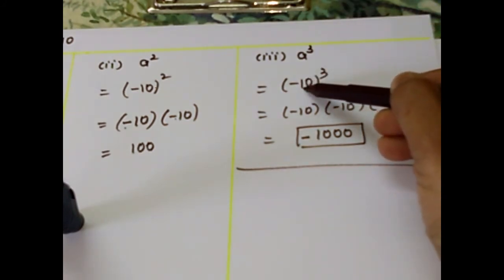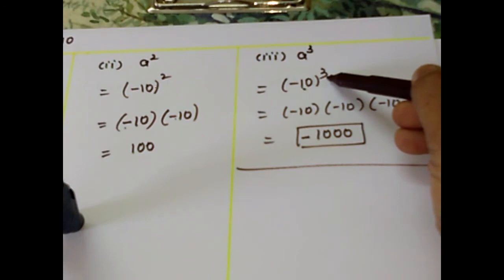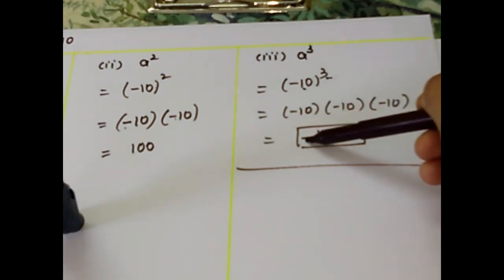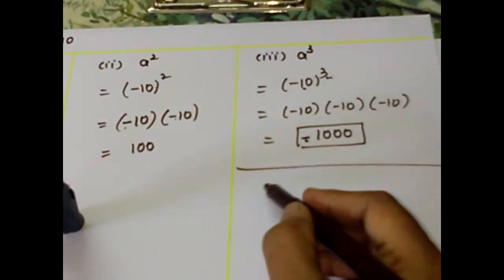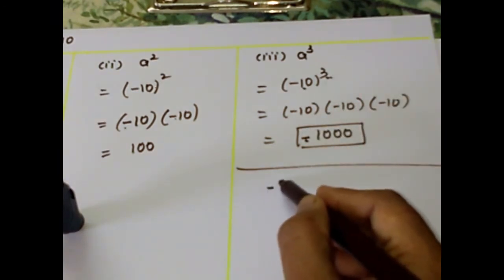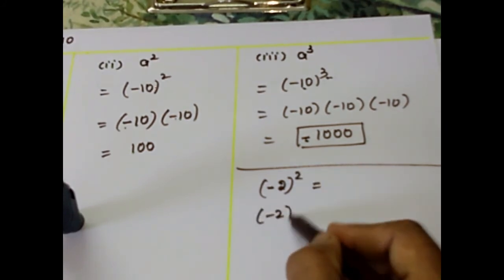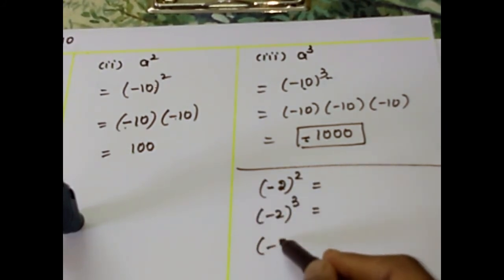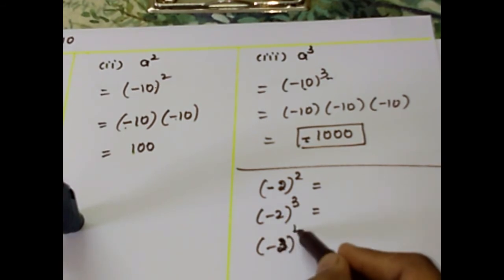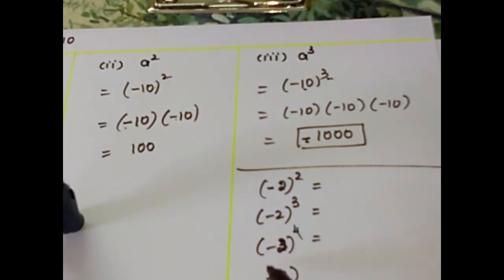For a negative number, if the power raised is an odd number, the solution is minus. For example, let me take minus 2. See, minus 2 whole squared, minus 2 whole cubed, minus 2 to the power of 4, minus 2 to the power of 5.